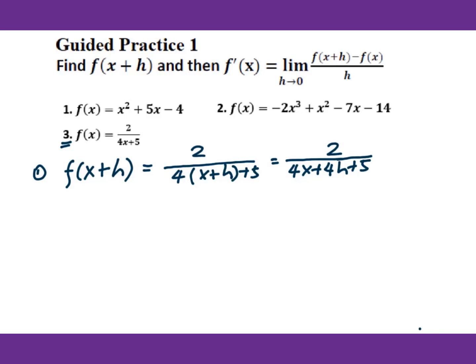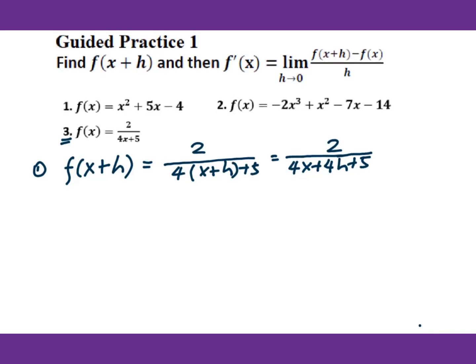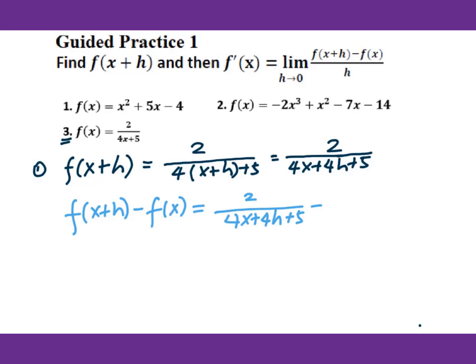Here's 2. Then f(x + h) minus f(x). You will get 2 over 4x + 4h + 5 minus 2 over 4x + 5.